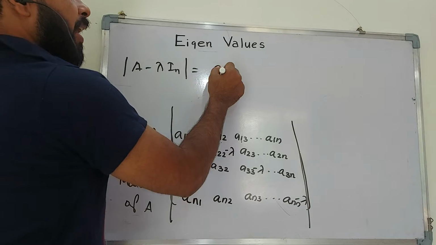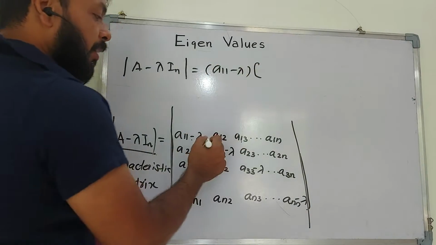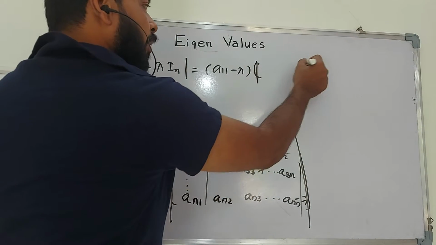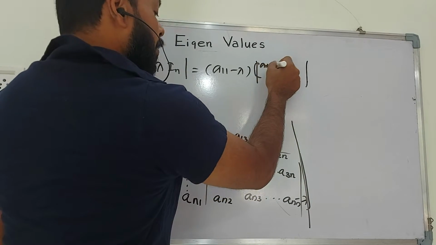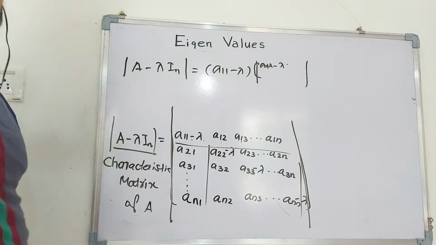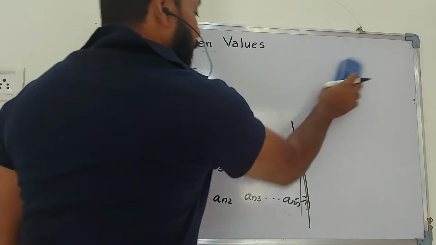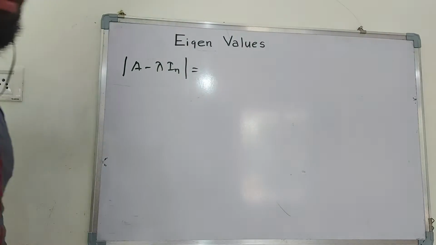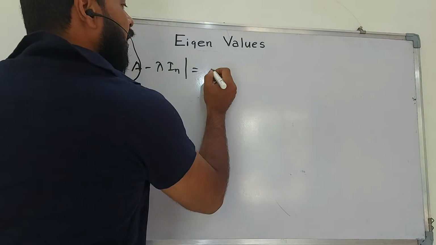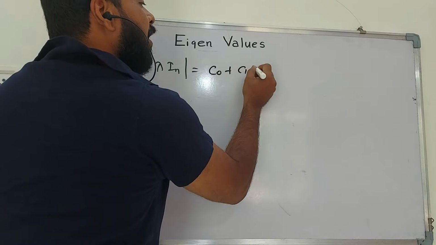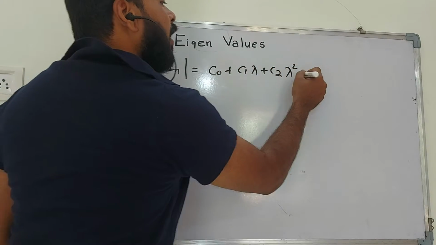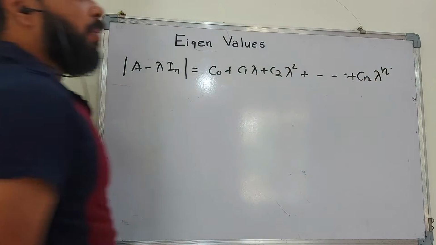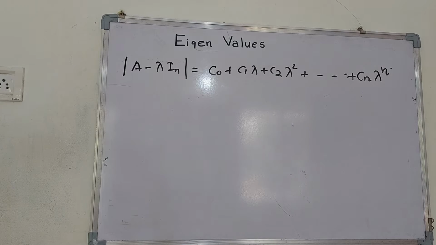So this is A11 minus lambda into the determinant of the other matrix, A22 minus lambda, A23, and so on. When we expand the determinant, we get a polynomial in lambda. Its general form is C0 plus C1 lambda plus C2 lambda squared plus etcetera plus Cn lambda raised to n. So we get a polynomial equation like this.